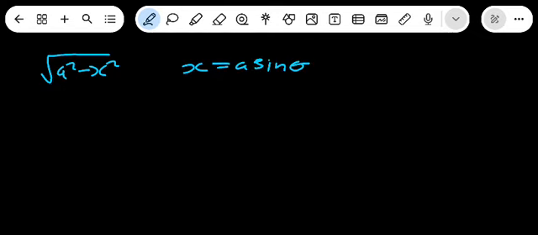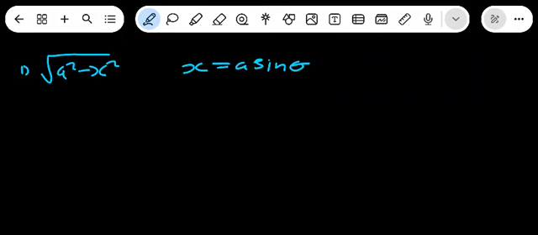We will learn how to integrate using trig substitution. Let's say you're given the square root of a squared minus x squared. You must know this. You will substitute x equals a sine theta.